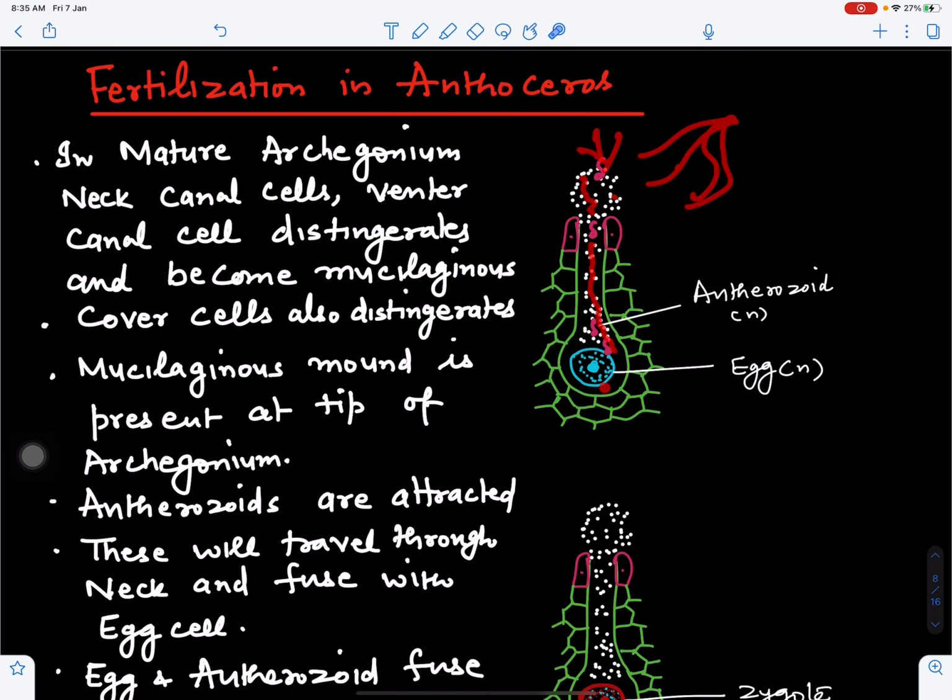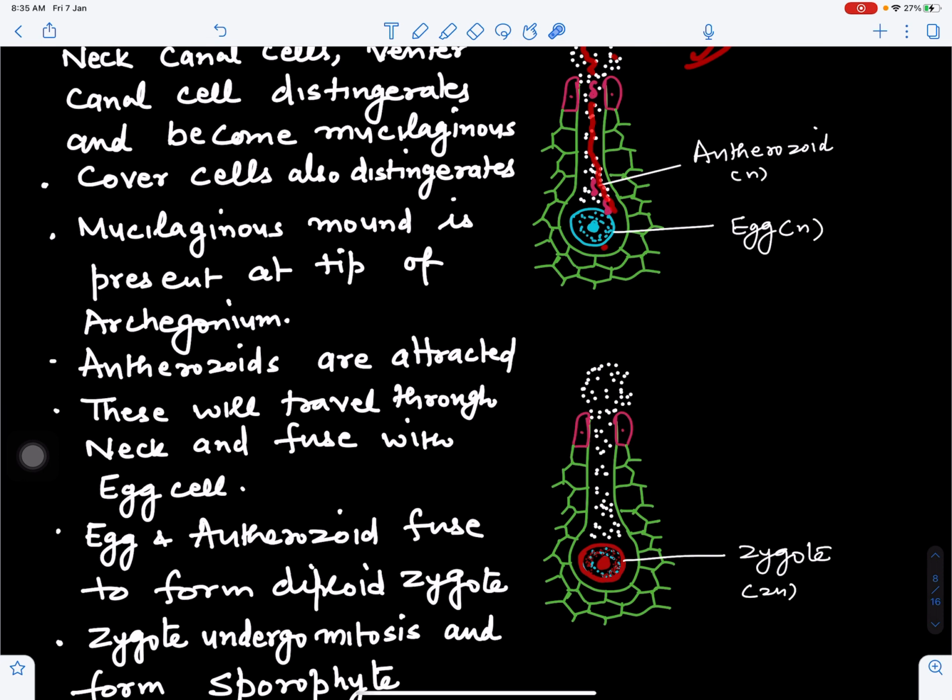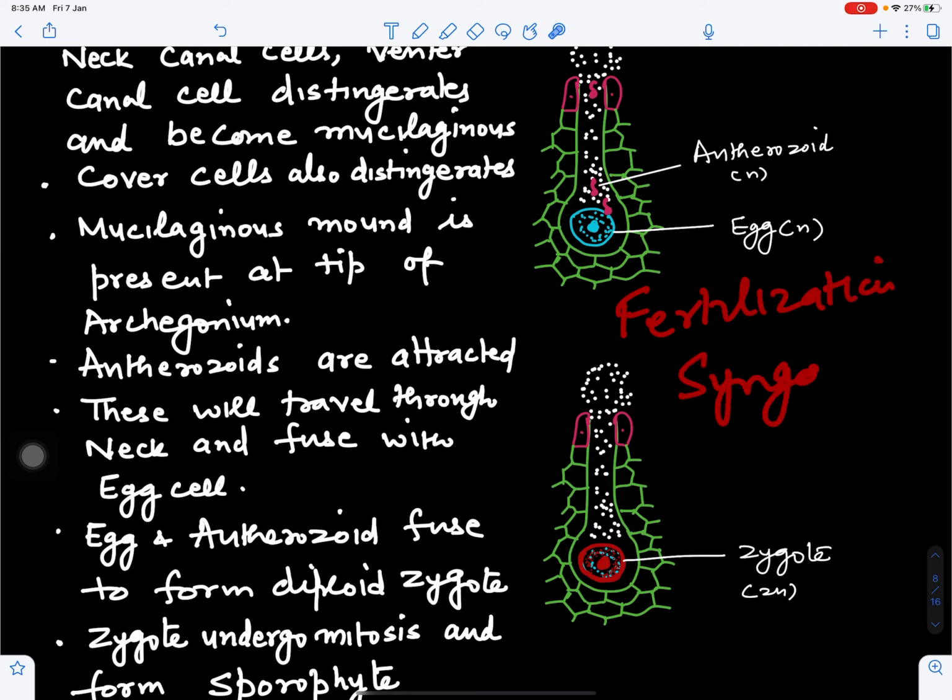When they reach the egg, the antherozoid nucleus and the egg nucleus will fuse with each other. This fusion of antherozoid and egg is called fertilization. This is also called syngamy.